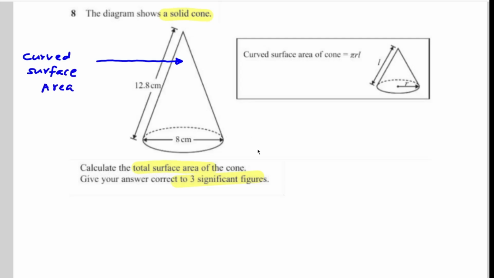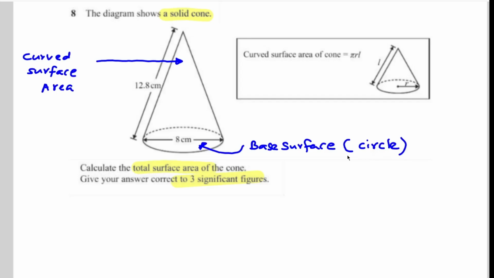There's another surface. Since this is a solid, this is filled, this is not a hollow one, therefore there's another surface which is this bottom surface, base surface, which is a circle.